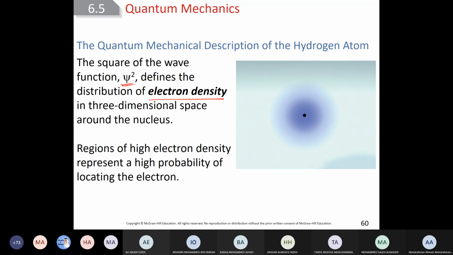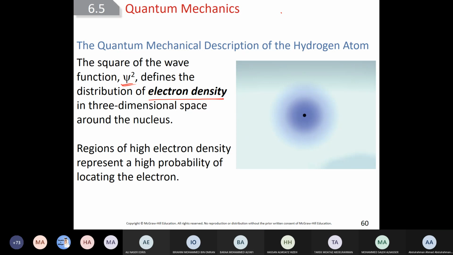Now the electron is not a particle. If I ask you, where is the light in your room? Everywhere. How many lights do you have there? You cannot tell how many lights. It's just light there, right?